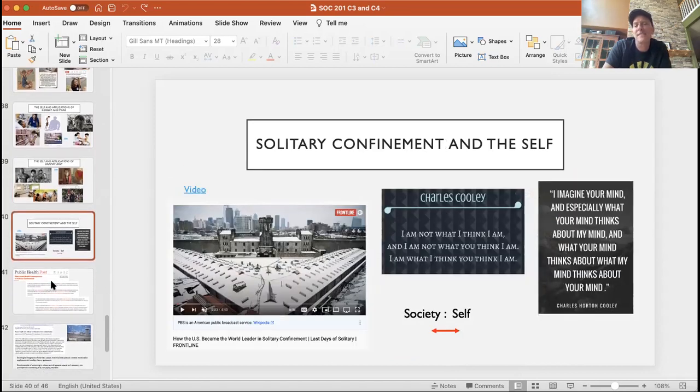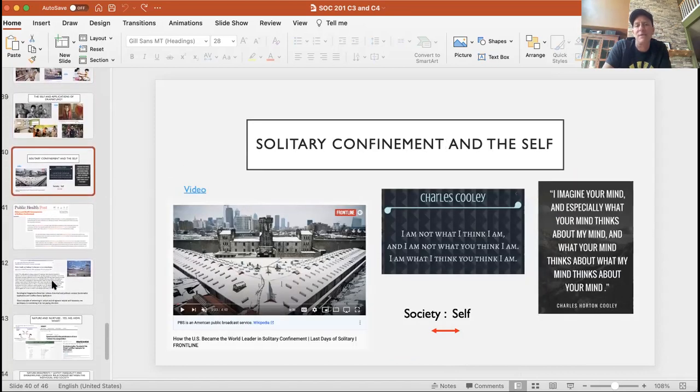We can think about the self and looking at solitary confinement as being kind of an issue, or the self removed from society creates problems. There's been studies like feral children who are socialized away from human contact, and how that basically leads to a breakdown of the self. You can't develop, it leads to pathology, it leads to serious psychiatric issues and problems.